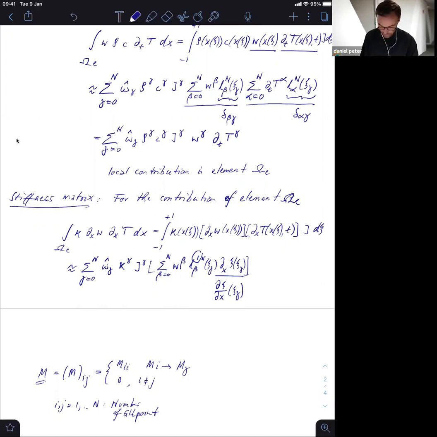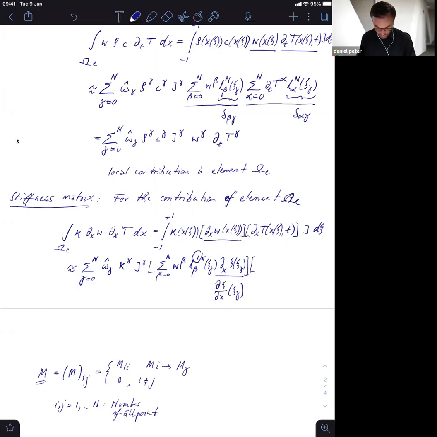Then we have taken this, the derivative of the test function with respect to x. Is that clear? Good.